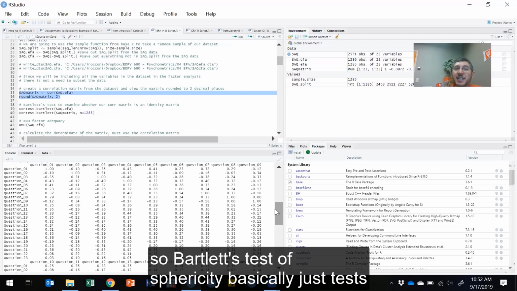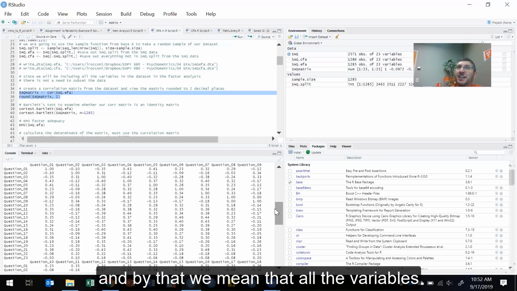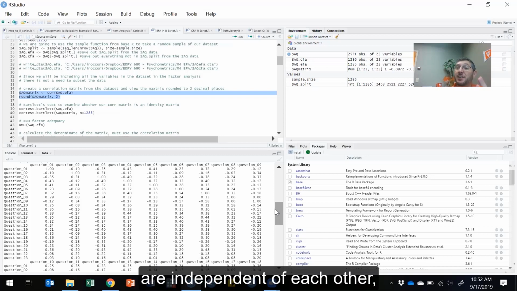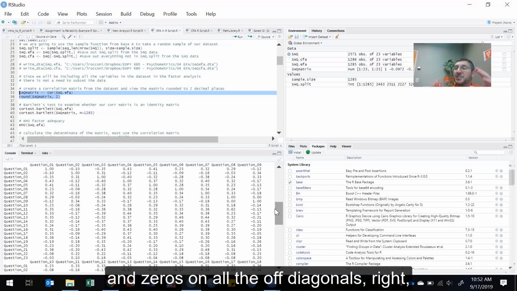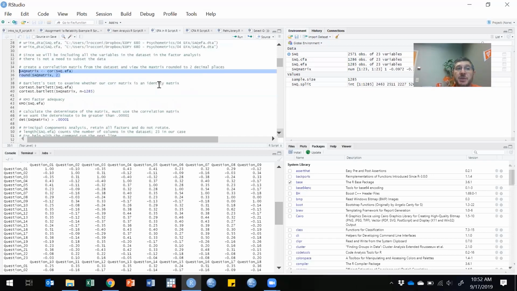So Bartlett's test of sphericity basically just tests whether the correlation matrix is an identity matrix. And by that we mean that all the variables are independent of each other. Basically, the correlation matrix would have 1 on all the diagonals and 0s on all the off diagonals, right? None of the variables are related to each other.